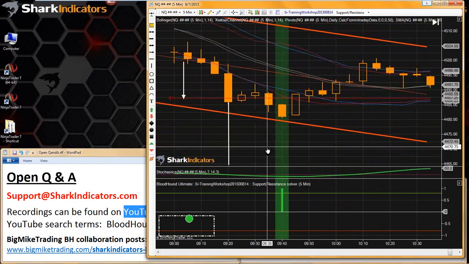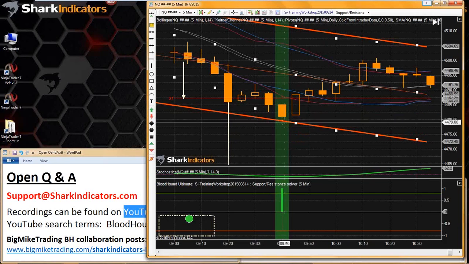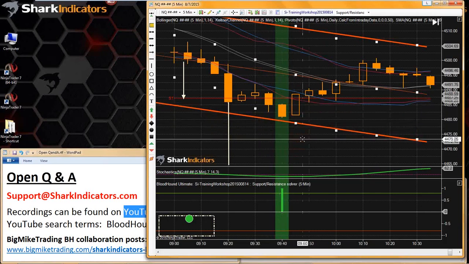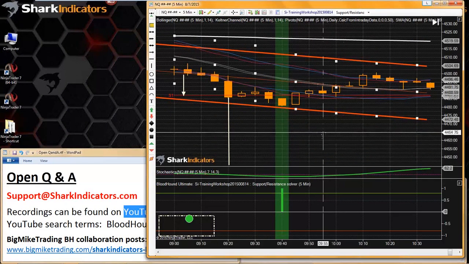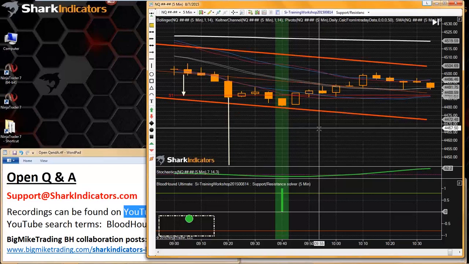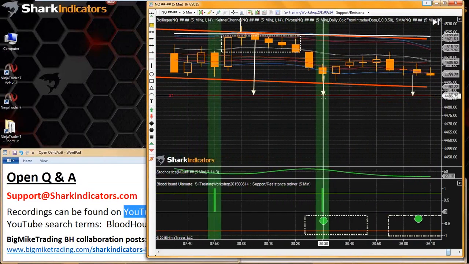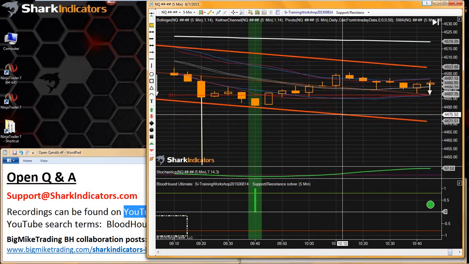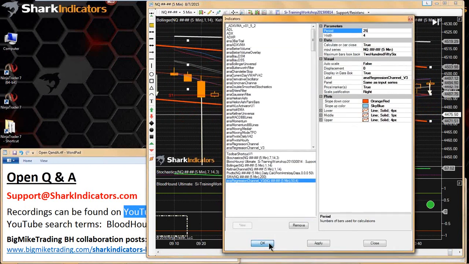Remember, when you're using a regression channel, you can't look at bars that are in the middle of your chart here, because let me shrink this up even more. Look at how the channel changes slope direction as I scroll around. Actually, you know what? 50 is a little too big. Let's cut this in half. I'll change it to 25.